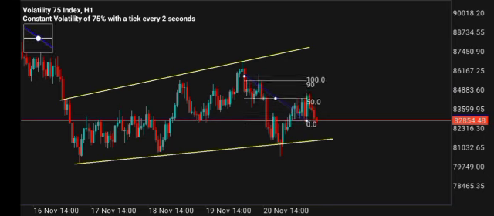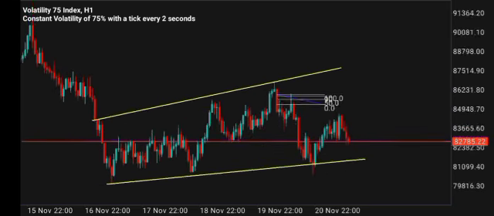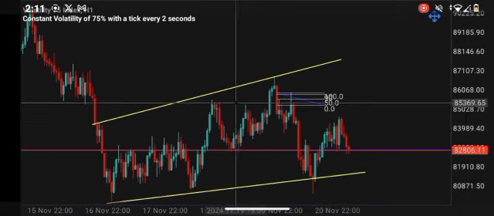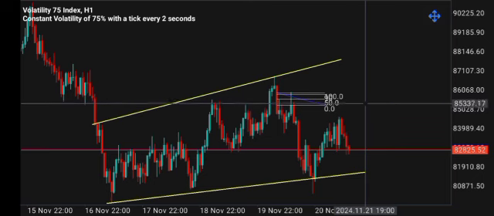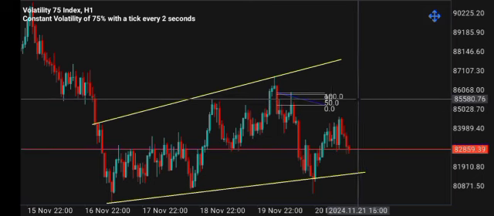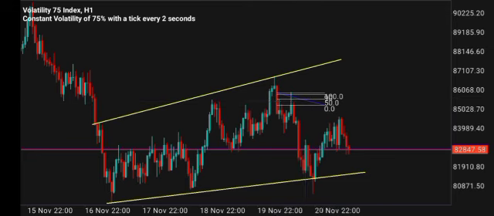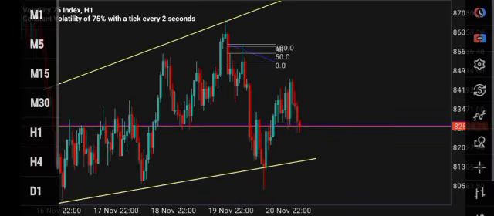If you are selling at this red candle, measure 50%. You only want to be risking 50% of this wick. Set your stop loss only at the 50% of the wick, okay? And then you can sell.